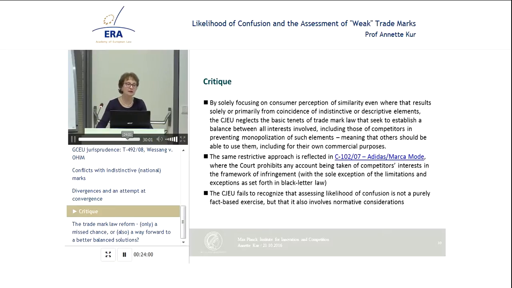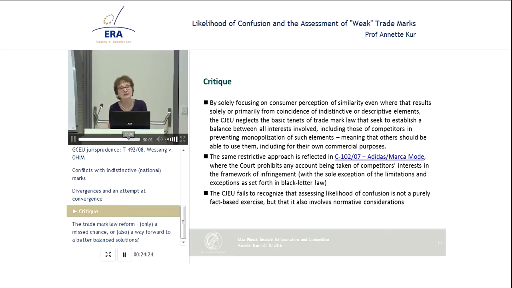I really think it's one of the major flaws in the Court of Justice's case law, that they seem to think that aspects that have to do with competition, and I agree that it's very difficult to talk about competitive elements in the context of trademark law, but competitive concerns are there.